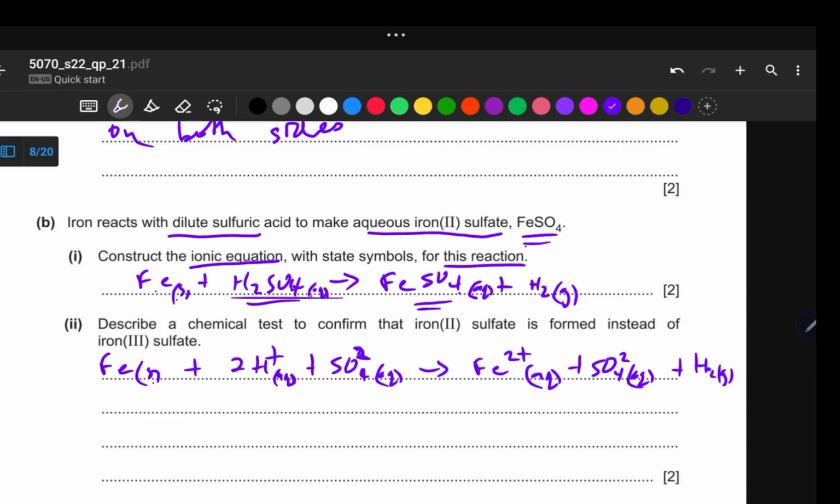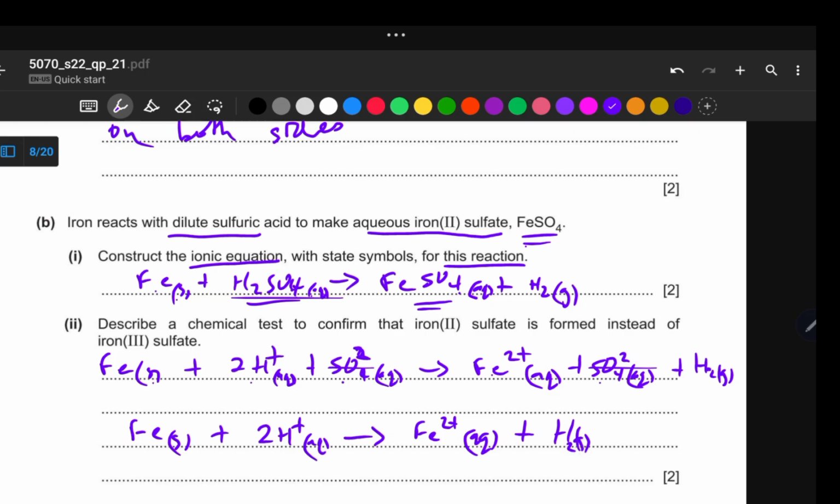So we then cancel the ions which are common on both sides of the equation. We have sulfate on both sides, so this is going to cancel out, and we are going to be left with iron in the solid phase plus 2 protons or hydrogen ions to give us iron 2 in the aqueous phase plus hydrogen in the gaseous phase.